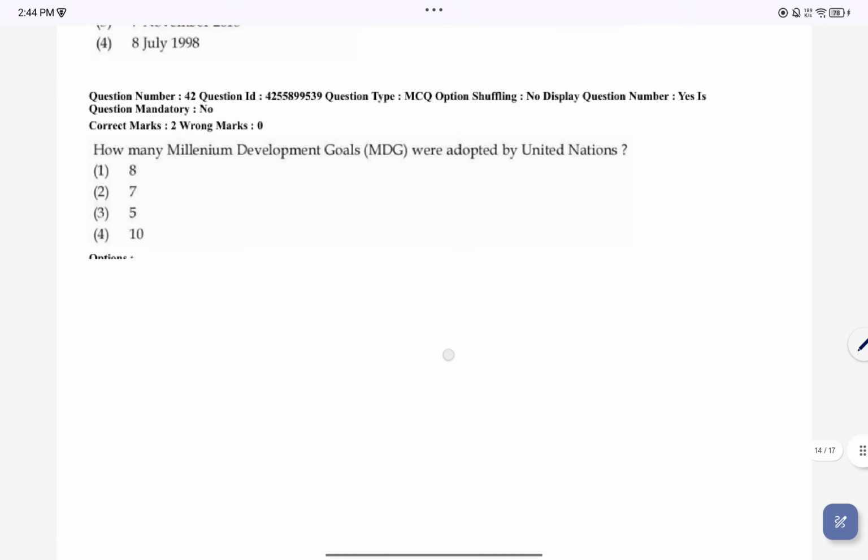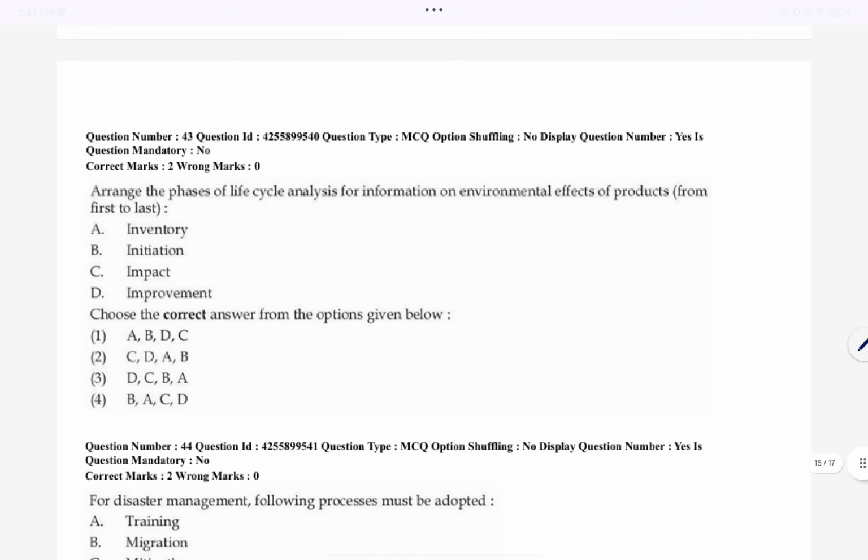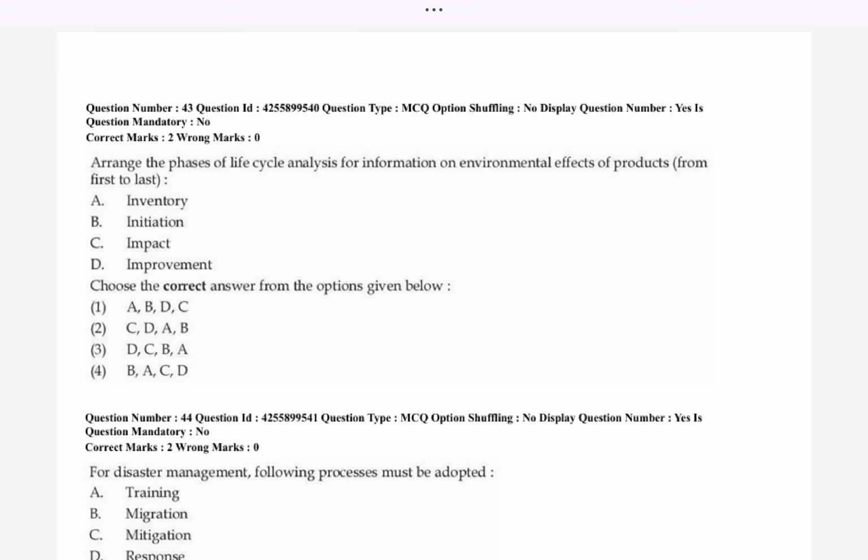Question number 43. Arrange the phases of life cycle analysis for information on environmental effects of products from first to last. Here: inventory, initiation, impact, improvement.